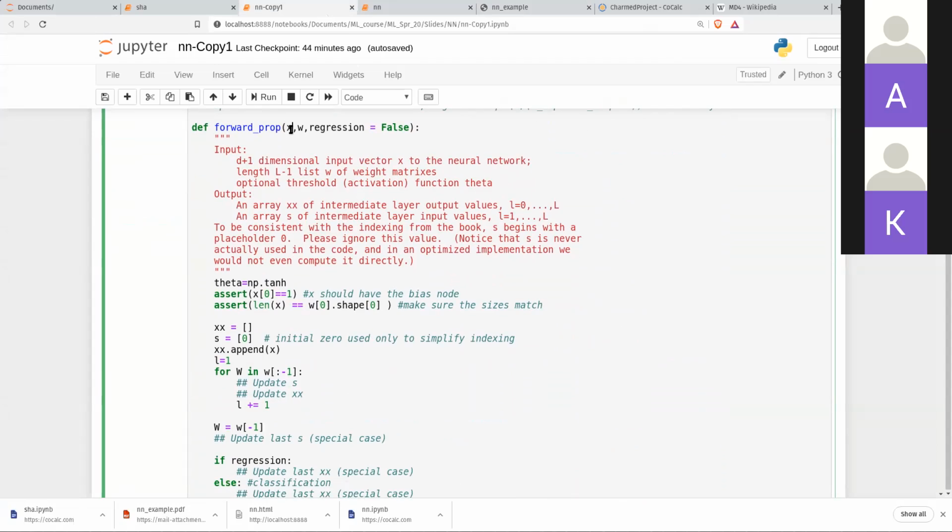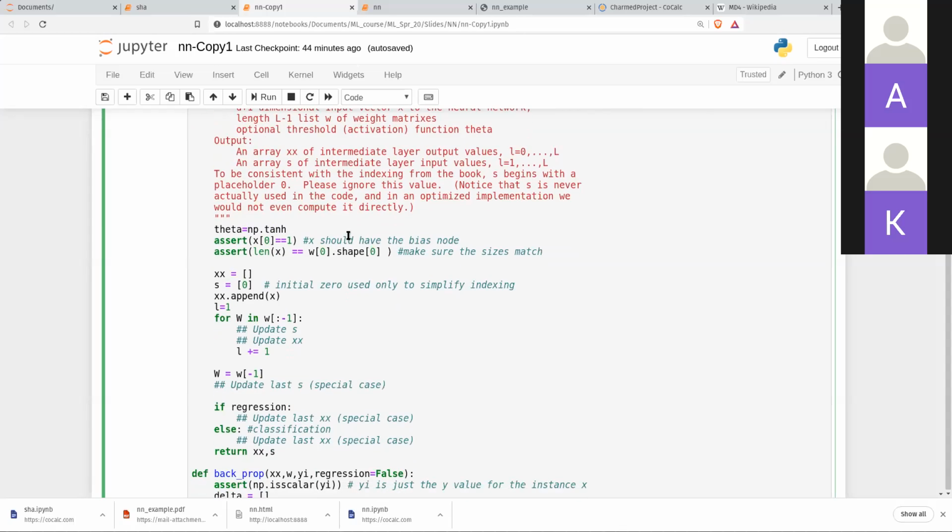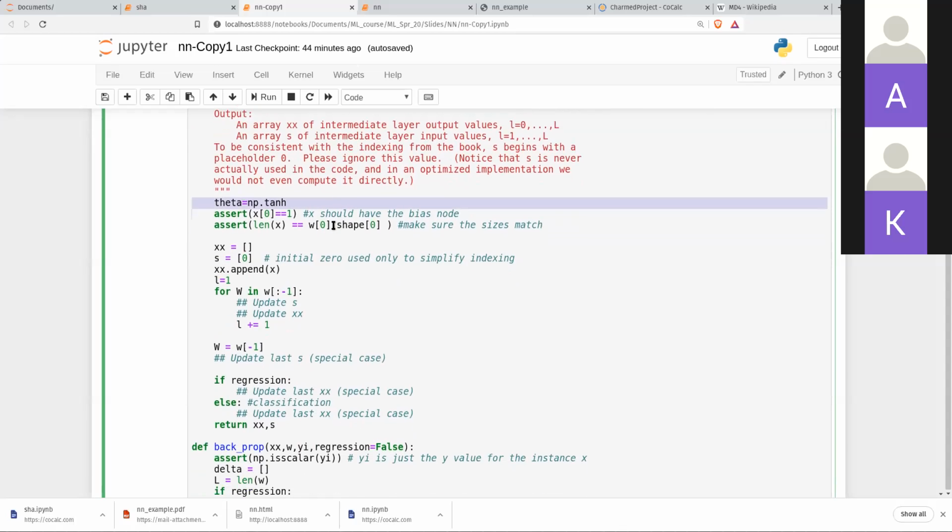So here the input is x, which is a vector, which is just the inputs, and w, remember, is huge because w is a vector of matrices. So here we decide on the activation function, and here's just some error checking. Make sure that the input has a bias node, and it helps, when you're debugging things, just to make sure that the sizes match up.